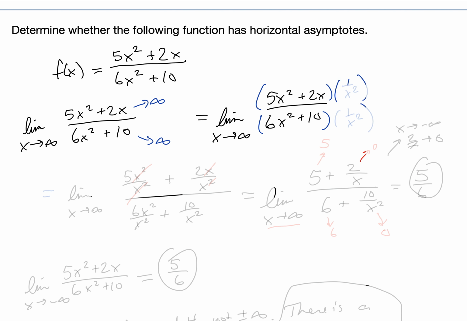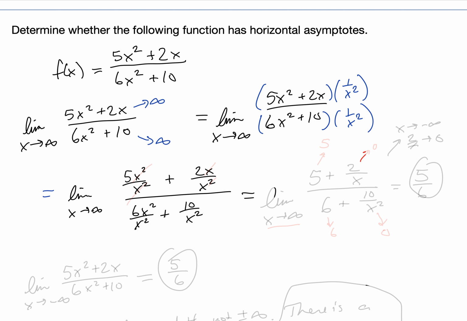So 1 over x squared, 1 over x squared. And when we do that, now we've got the limit as x goes to infinity of 5x squared over x squared, distributing that 1 over x squared, plus 2x over x squared divided by 6x squared over x squared plus 10 over x squared.